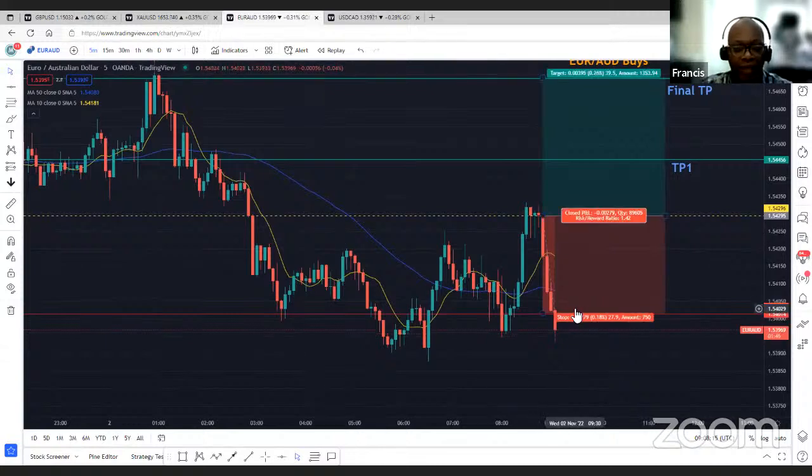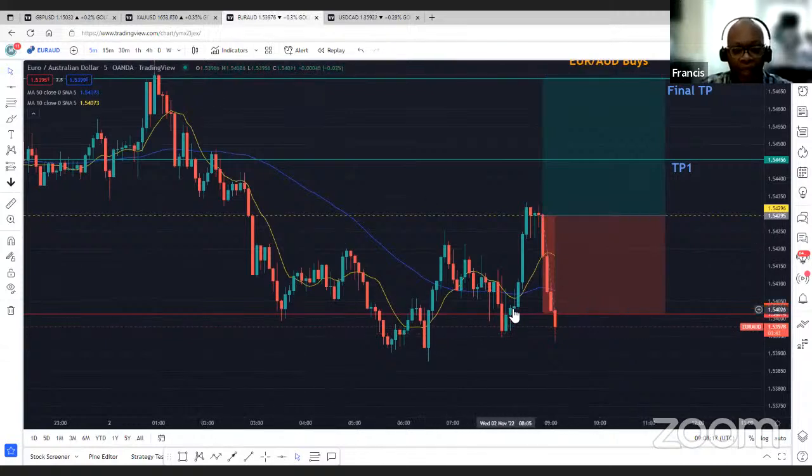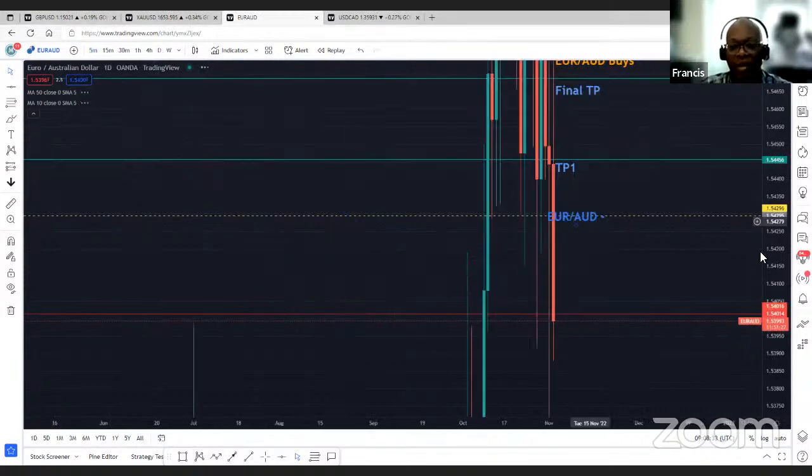Now let's have a look at this anyway, because what we had done, we had marked out the range which we wanted to break out of. If it's breaking to the downside, let's have a look at the higher time frame.